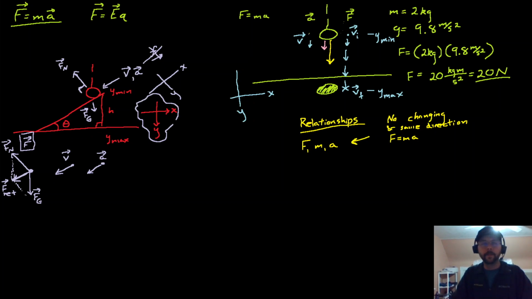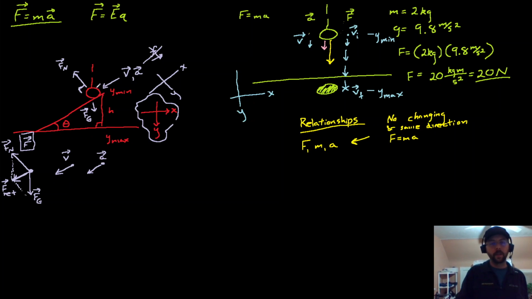Alright, so we have this setup. What you would need to do, there's a couple of ways to do this. In this case, the relationship is no longer F equals m times a, or force equals mass times acceleration, because it depends on which force you mean.